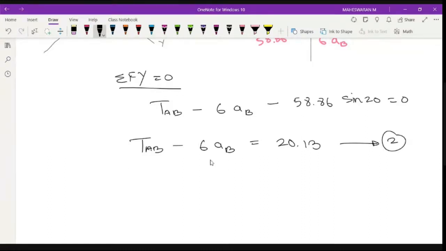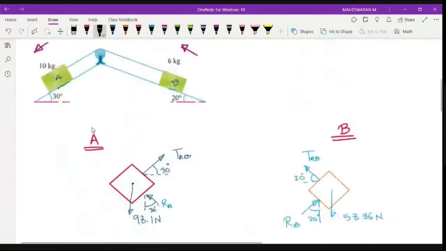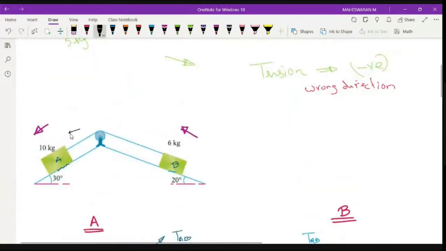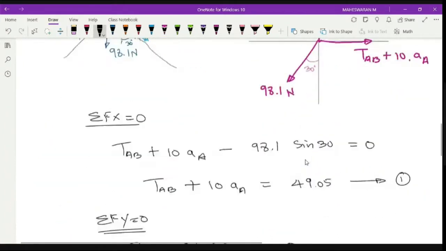Now you can easily solve these two equations. You know that if this block is moving 1 mm, this will also move 1 mm in the same direction. Which means SA is equal to SB, VA is equal to VB, and AA is equal to AB. So I can equate it as a single equation.